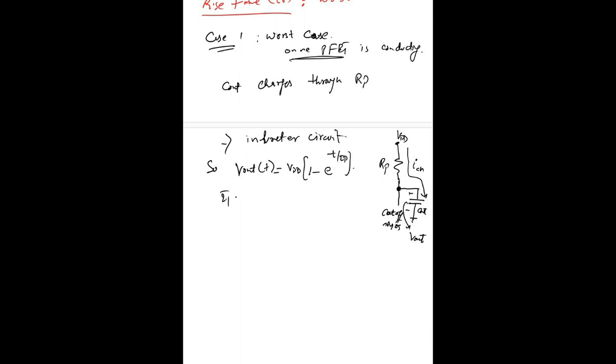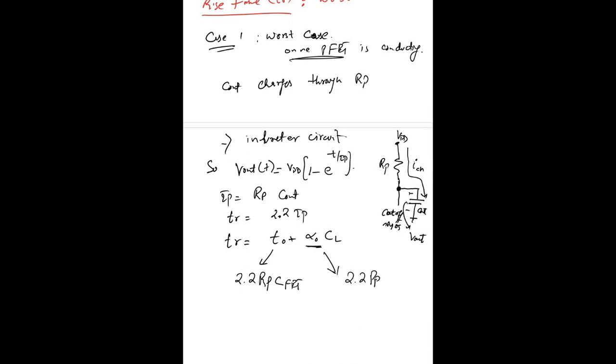Here tau P will be equal to RP Cout, and the rise time will be given by tR is equal to 2.2 tau P. We can also write this expression in another form, tR equal to T naught plus alpha naught CL, where T naught is equal to 2.2 RP CFET, and alpha naught is equal to 2.2 RP.